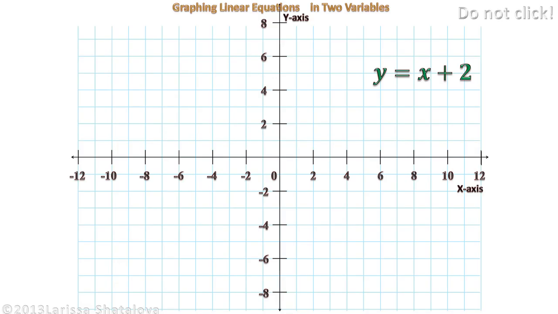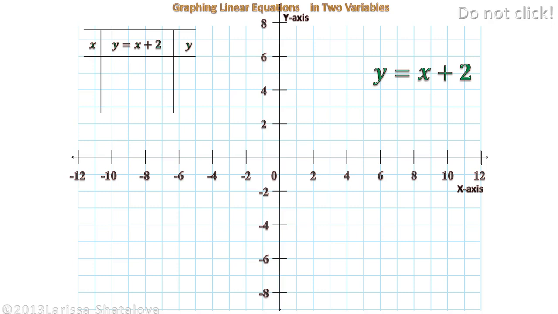How can we find points to graph a straight line? We can use several methods. The simplest is the table method. You have to build a table. X is the first column, the second column would be for an equation, and third for y.